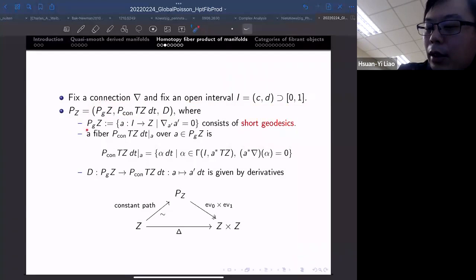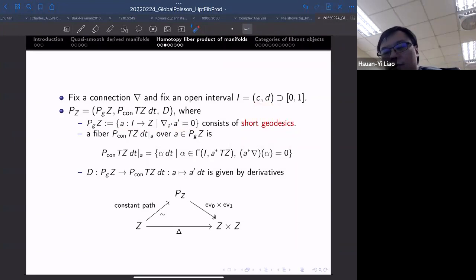The base manifold PZ is just the geodesics associated with this connection. We say short geodesics because we fix a short interval.